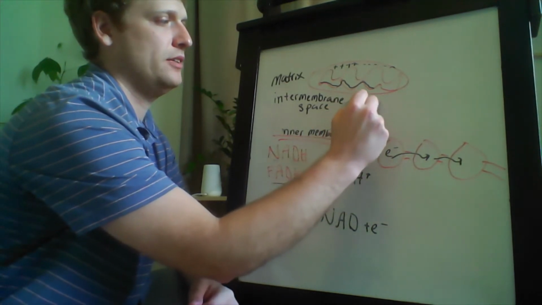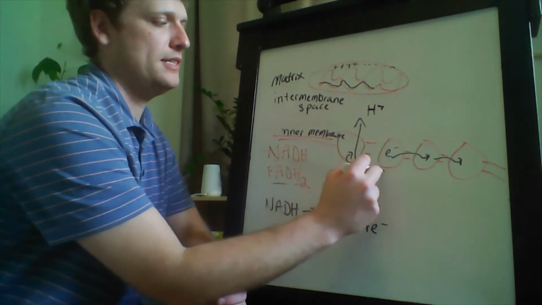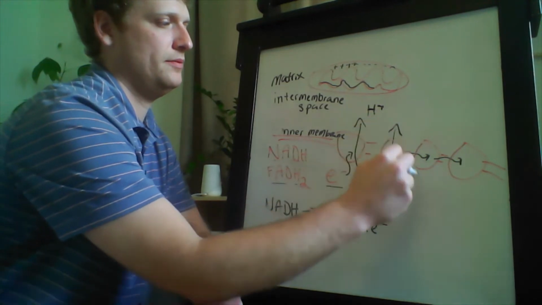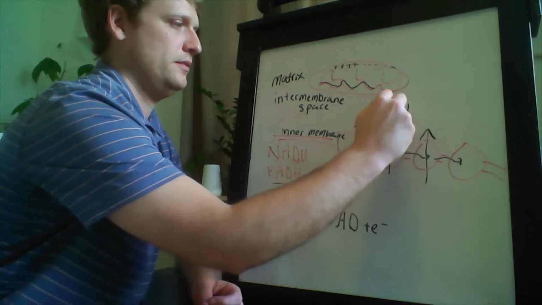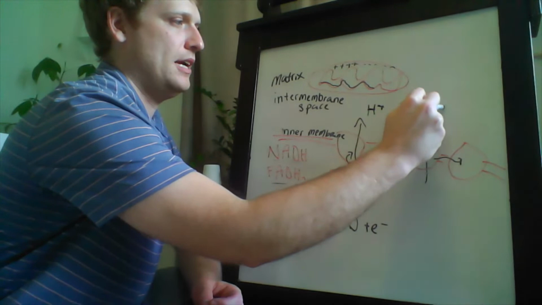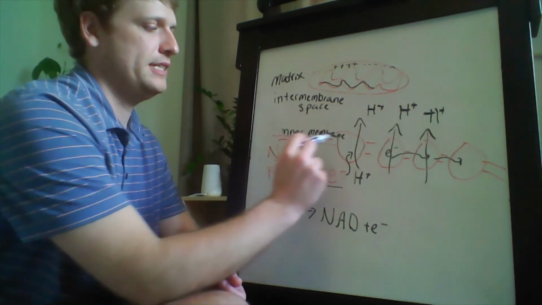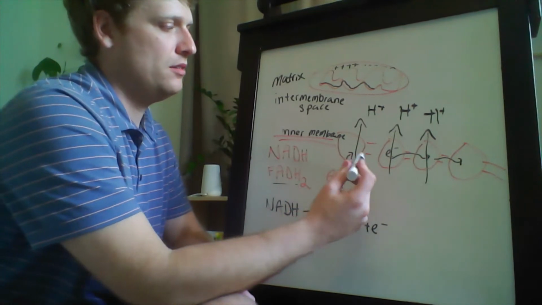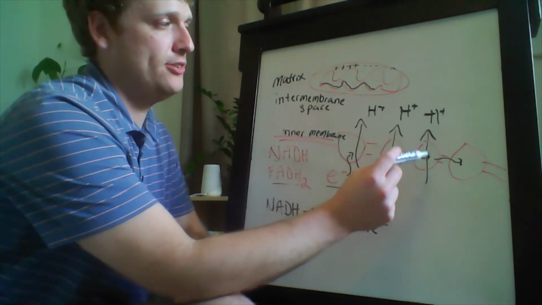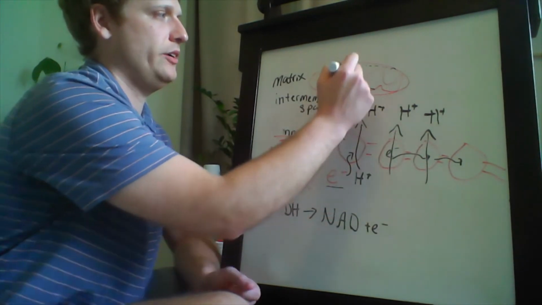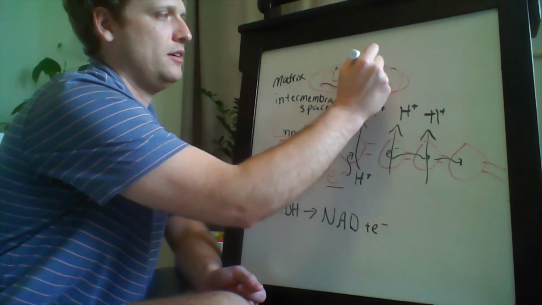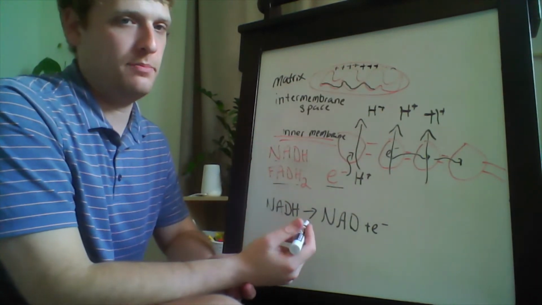So now hydrogen's here. Same thing happens with this. And all those electrons moving around in this inner membrane, they're releasing energy that's used to pump hydrogen ions. So again, you get this gradient that's being built up.